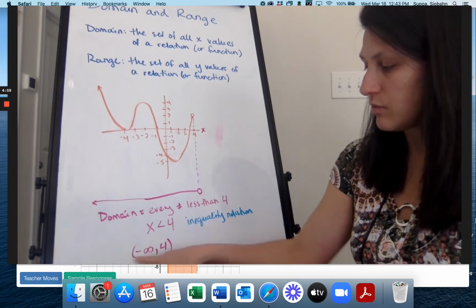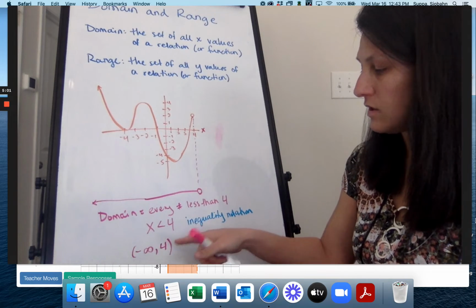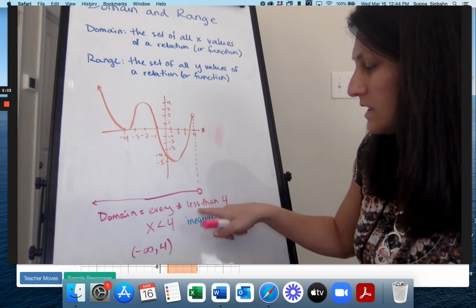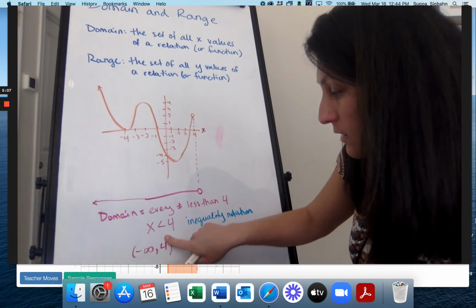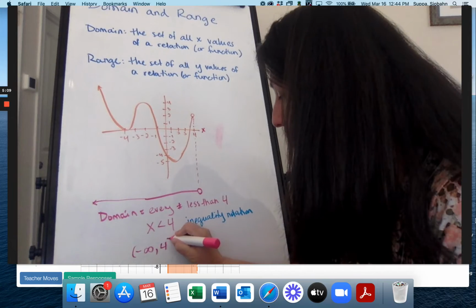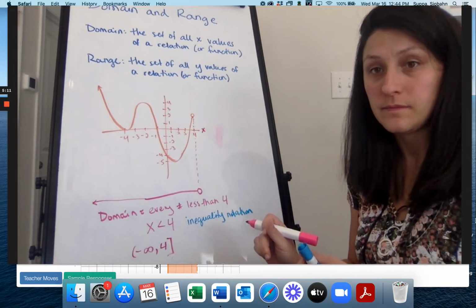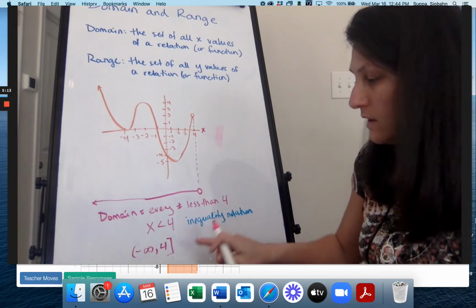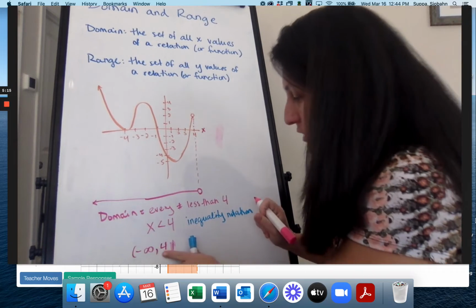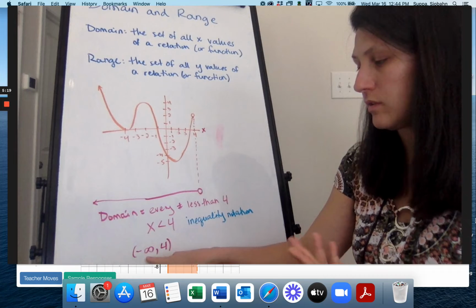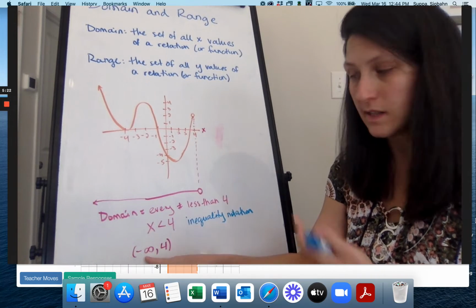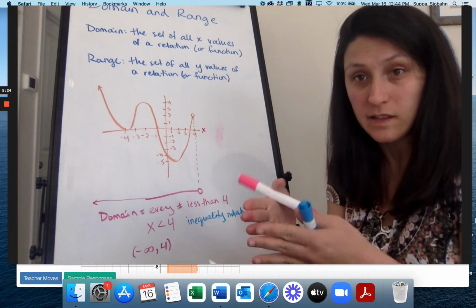Now the reason for the parentheses is that it's not less than or equal to. If it said less than or equal to, then we would use a square bracket like that. I'm going to write these notes for you in a minute, but I just wanted you to take note. We're using parentheses deliberately because you can never equal infinity or negative infinity. It's not a number, so you can't be exactly equal to it.